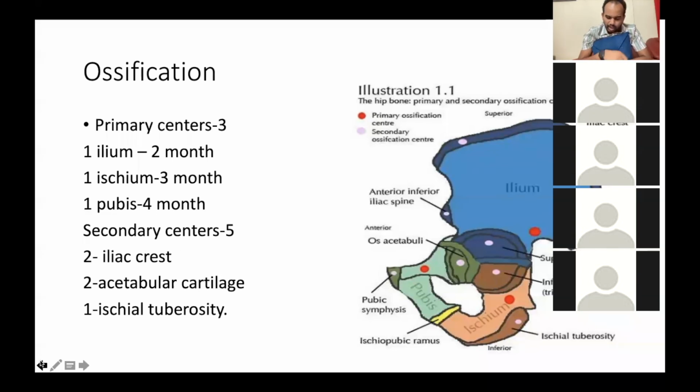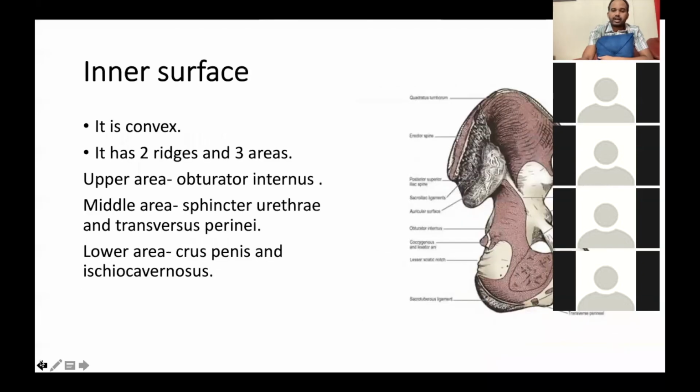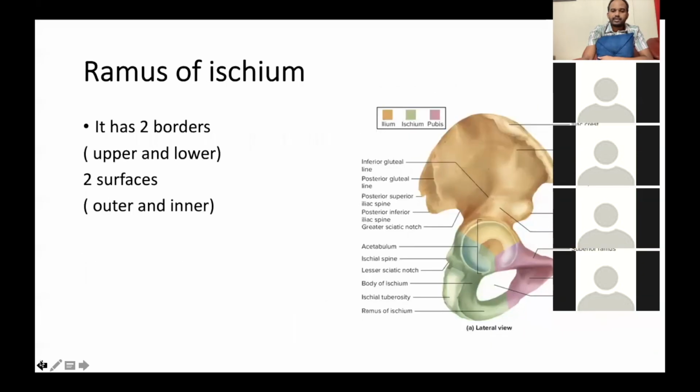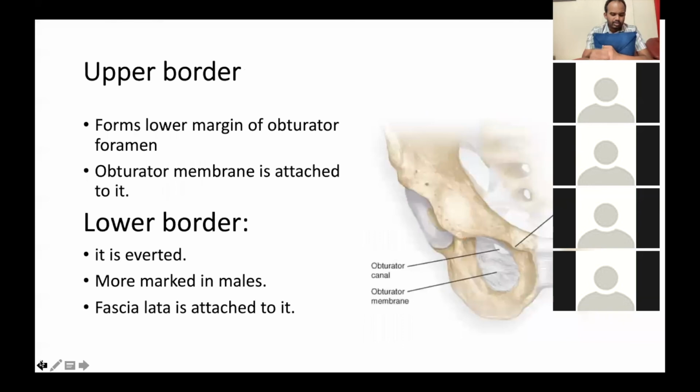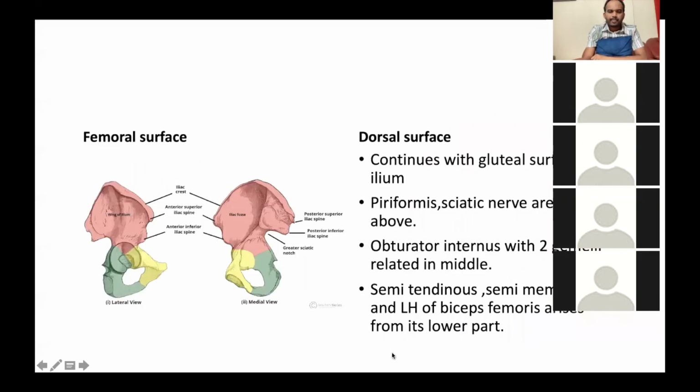And the obturator foramen, you have already seen. This obturator foramen is the gap between the pubis and the ischium. Yes or no? Yes, sir.